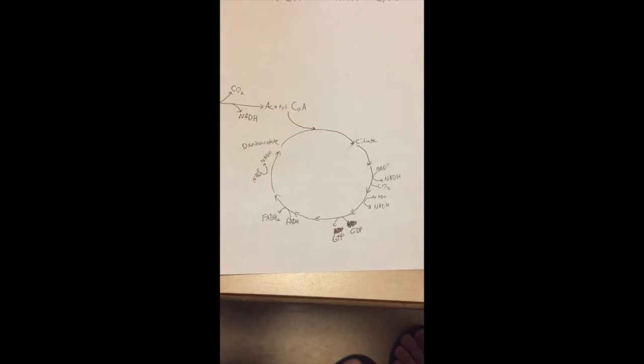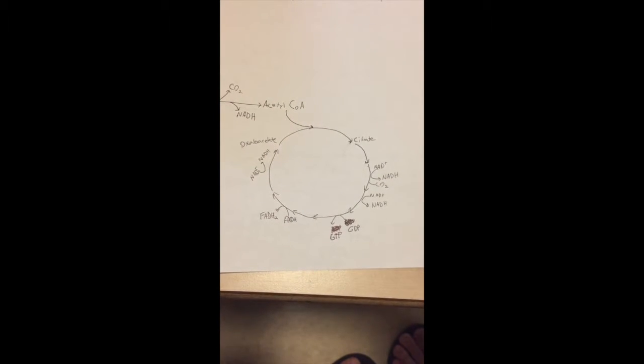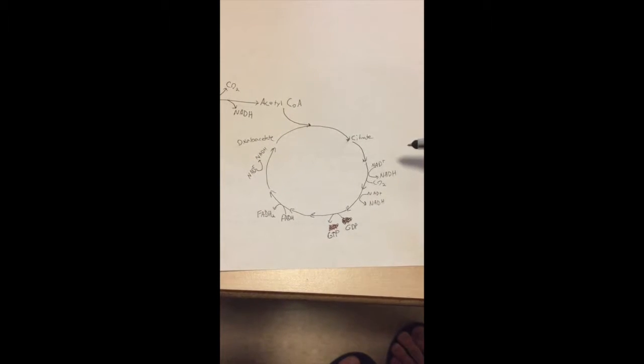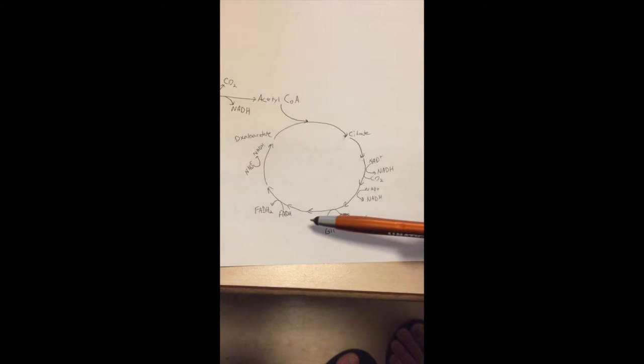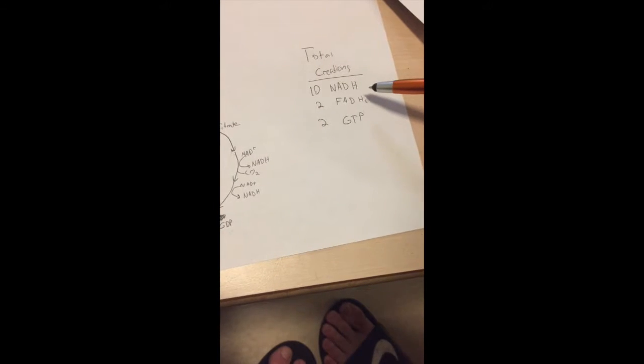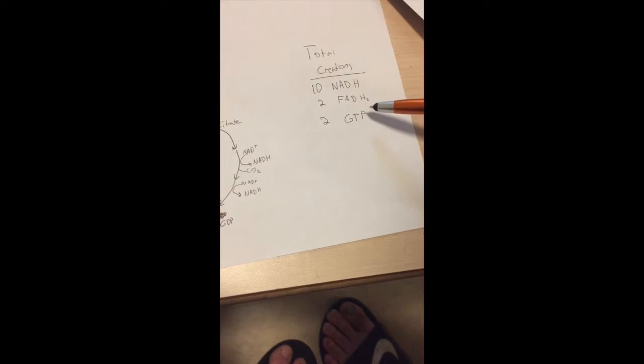Acetyl-CoA then converts oxaloacetate into citrate. It then goes through a bunch of enzymes which creates numerous NADH, GTP, and FADH2. And after it goes through this cycle, our total creations are 10 NADH, 2 FADH2, and 2 GDP.